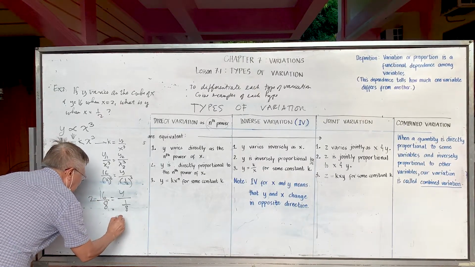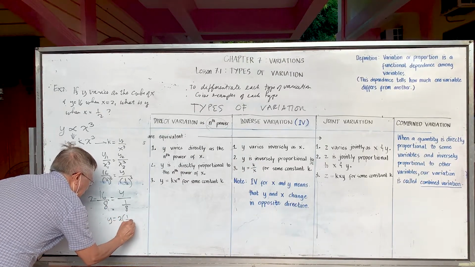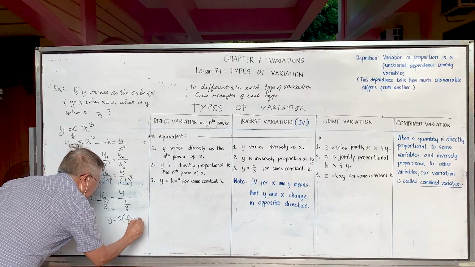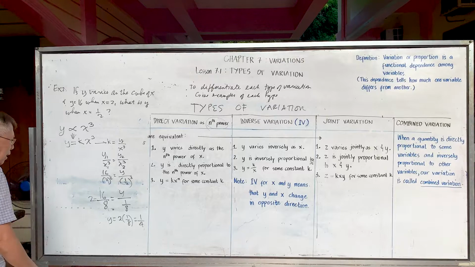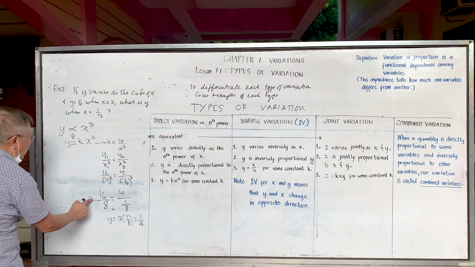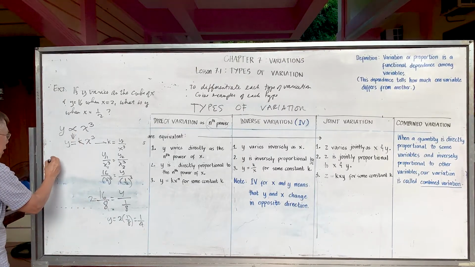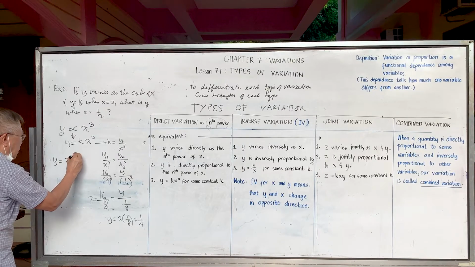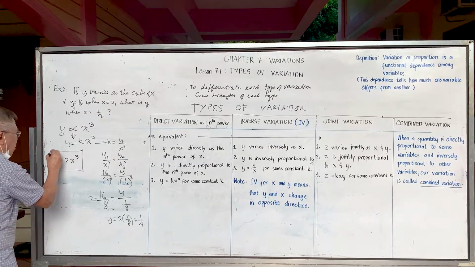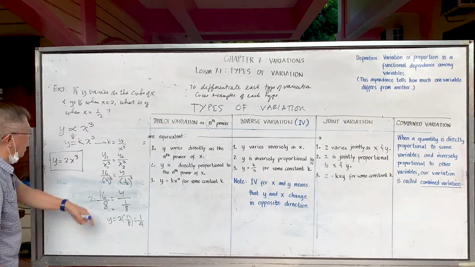And solving for y, I will get y equals 2 times 1 over 8, or this gives me 1 over 4. Okay, I was able to get my value for k. I can now write my general variation equation there as y equals 2x cubed. Okay, this is the equation that relates x and y.